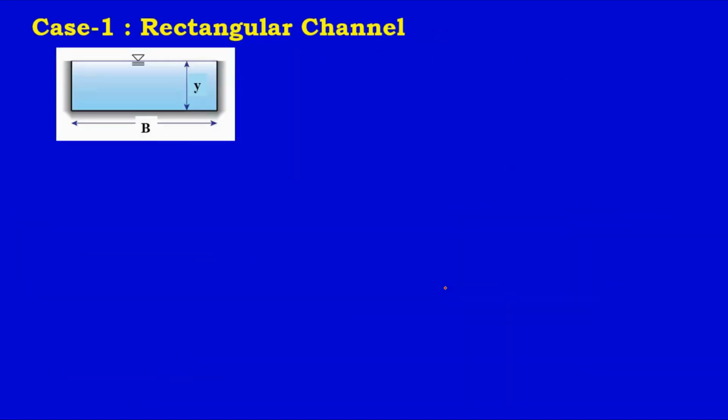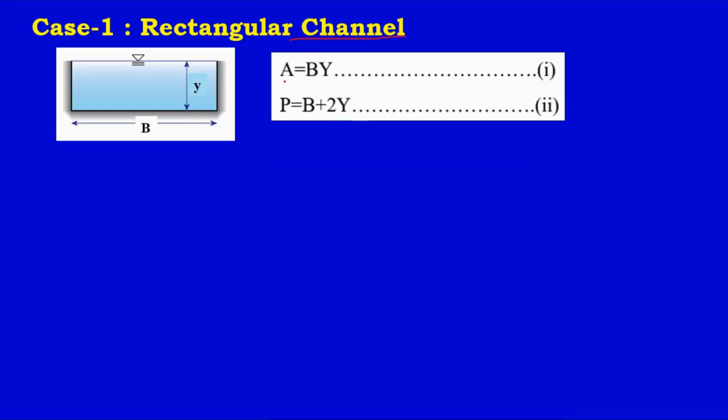Case 1, rectangular channel. When we take a rectangular channel, you have bed dimension B and depth Y. So the area of the cross-section is B times Y, and the perimeter is B plus 2Y.